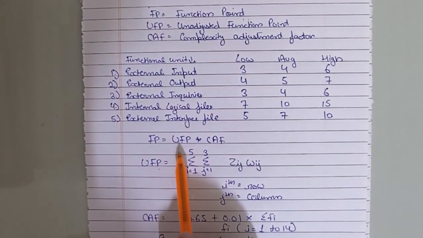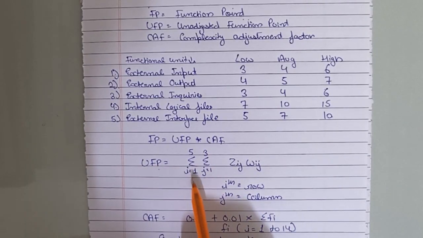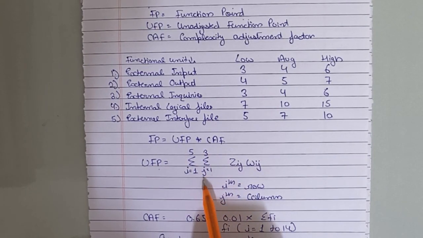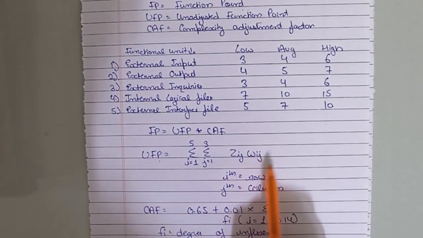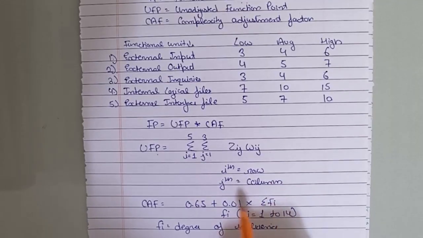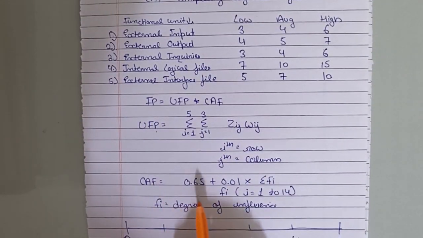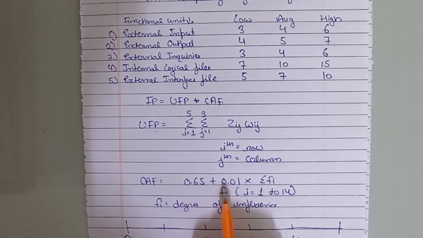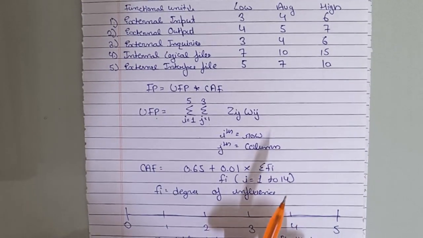The formula is FP is equal to UFP into CAF, where UFP equals summation of i equals 1 to 5, summation of j equals 1 to 3, Zij, Wij. i stands for row, j stands for column. To calculate CAF, the formula is CAF is equal to 0.65 plus 0.01 into summation of Fi, i equals 1 to 14.